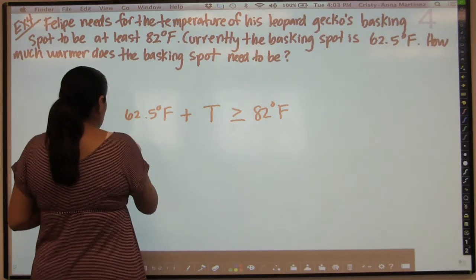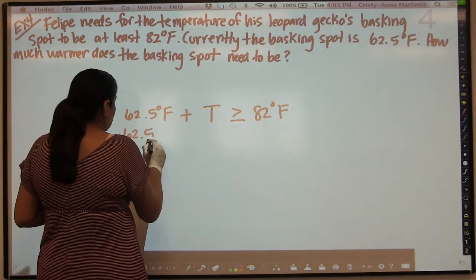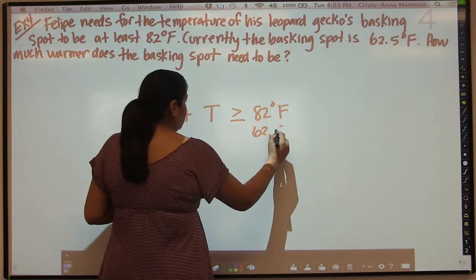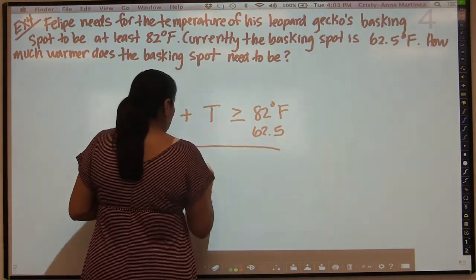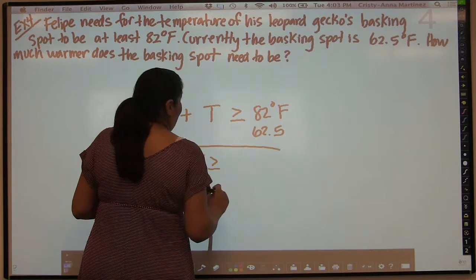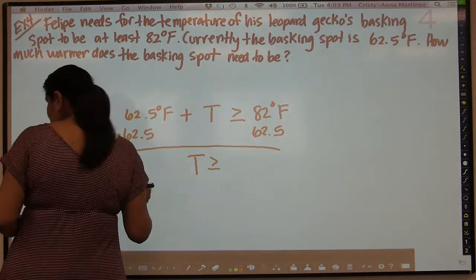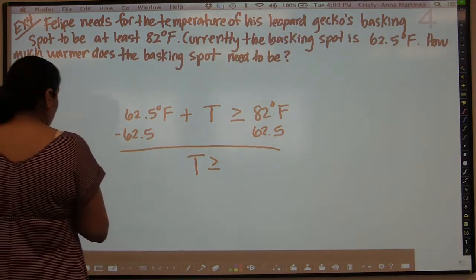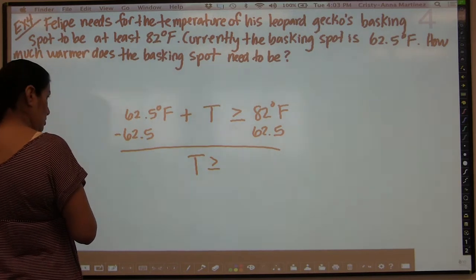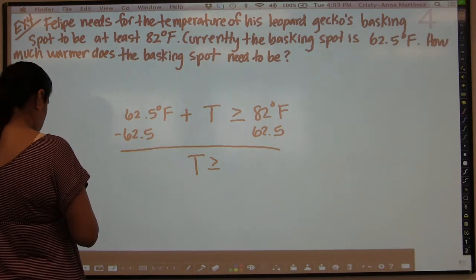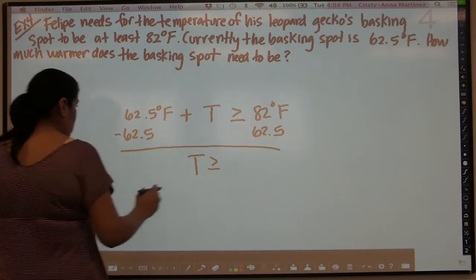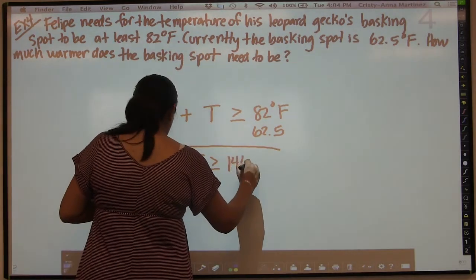And then we're going to subtract 62.5 from both sides. And our temperature that we need to add, how much warmer does it need to be? 82 minus 62.5, and that's 19.5.